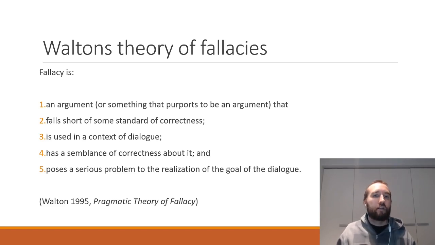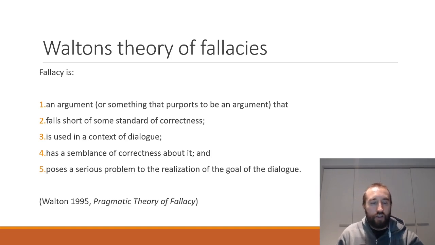There Walton says that a fallacy is an argument or something that purports to be an argument that falls short of some standard of correctness, is used in a context of dialogue, has a semblance of correctness about it, and poses a serious problem to the realization of the goals of the dialogue.